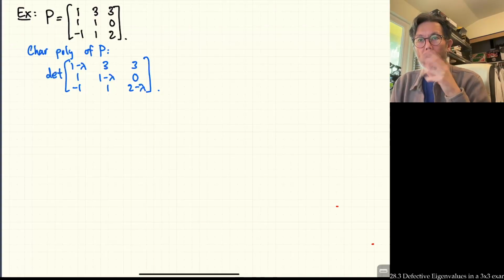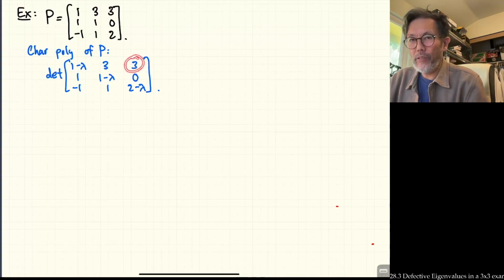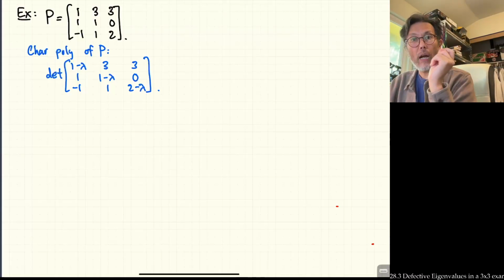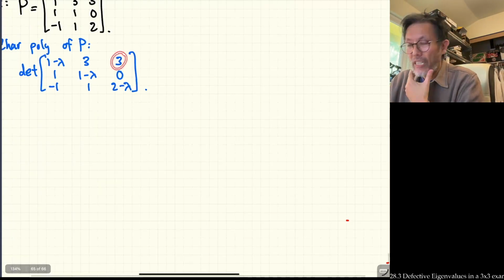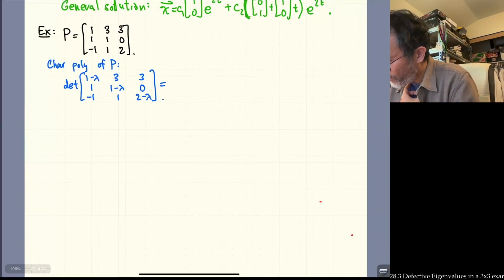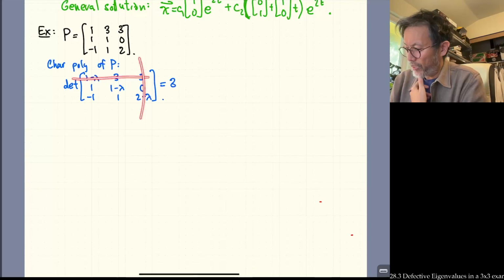All right. Now, I need to be careful and wary of signs, okay? Because this entry right here is in the 1, 3 position, and so it's going to get a positive sign. So this is going to be equal to 3 times the determinant of the 2 by 2 that I get by deleting row 1 and column 3.